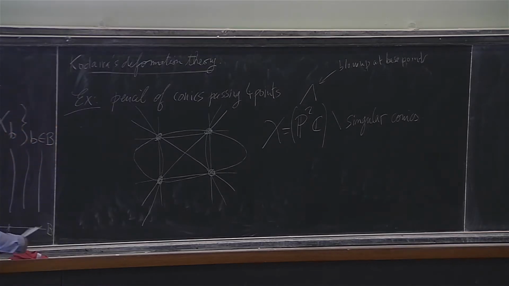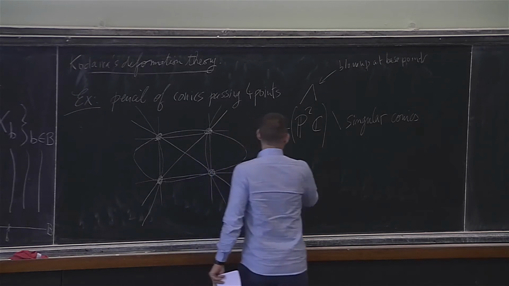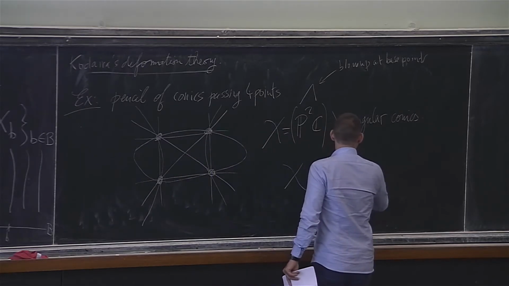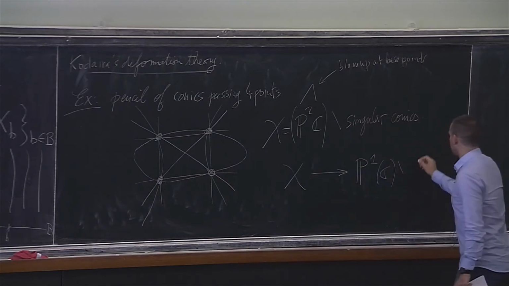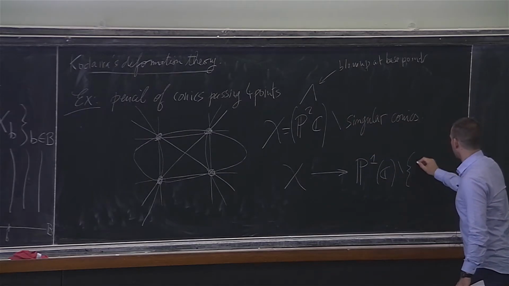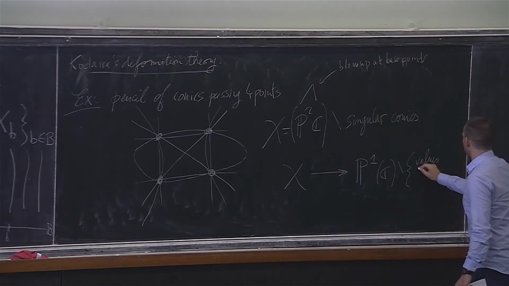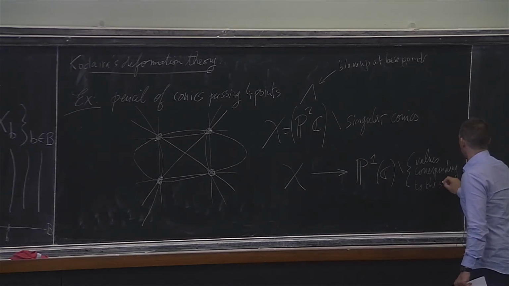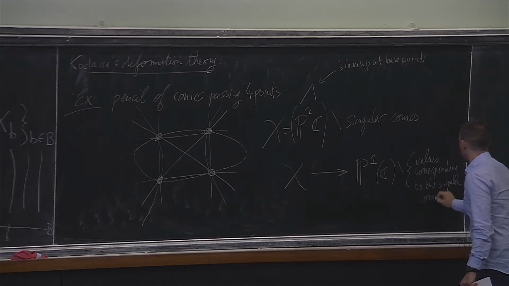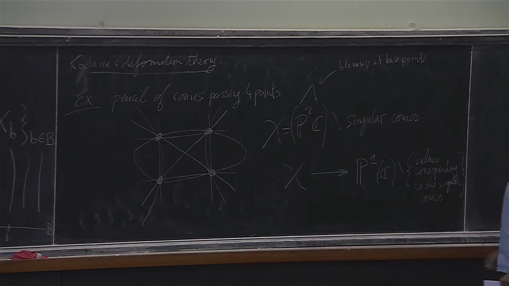So you get a map from X, this complex surface, to the projective line, and you have to take out the values corresponding to the singular conics. There are 3 values corresponding to singular conics.